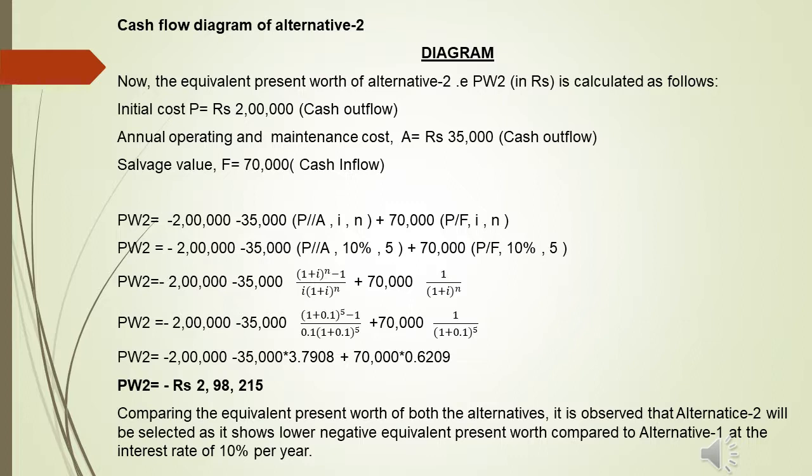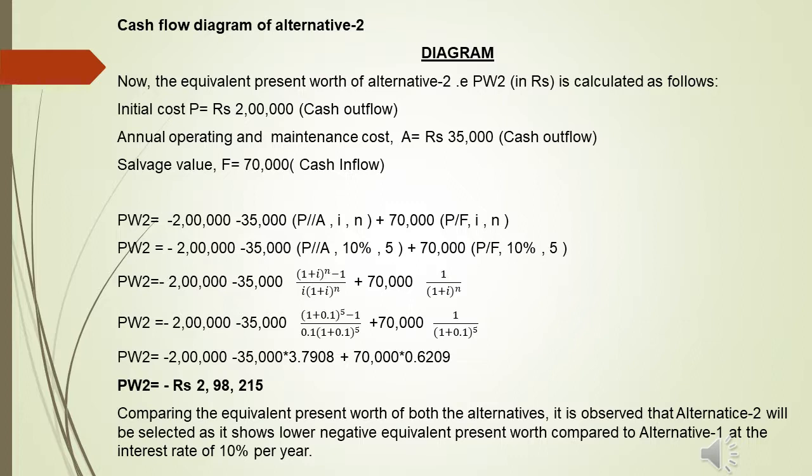Now comparing both the values, PW1 is minus 2,98,203 and PW2 is minus 2,98,215. Since both are negative, you are going to see which one is the best.